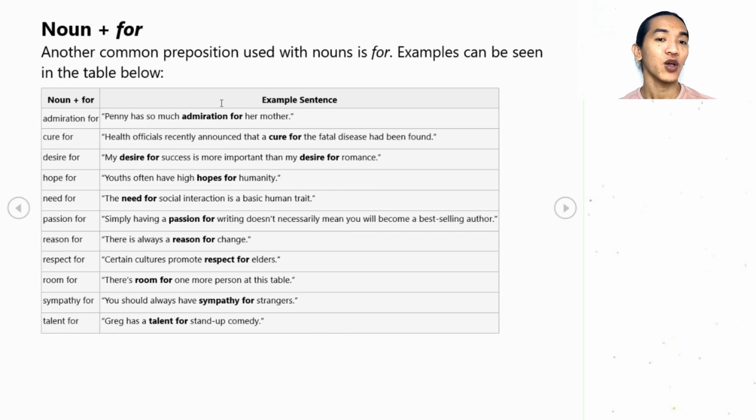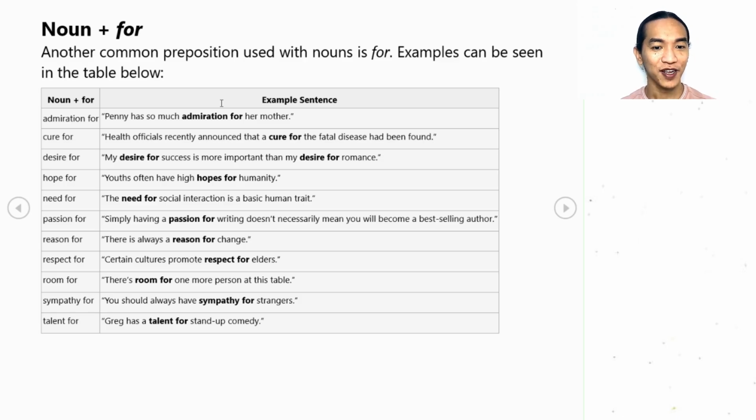So next, we also have noun plus for. Okay, so look here. Admiration for someone, cure for a disease, desire for something that you really want, hope for something that you wish, need for. It means a necessity or an action that must be done. The need for social interaction is a basic human trait.